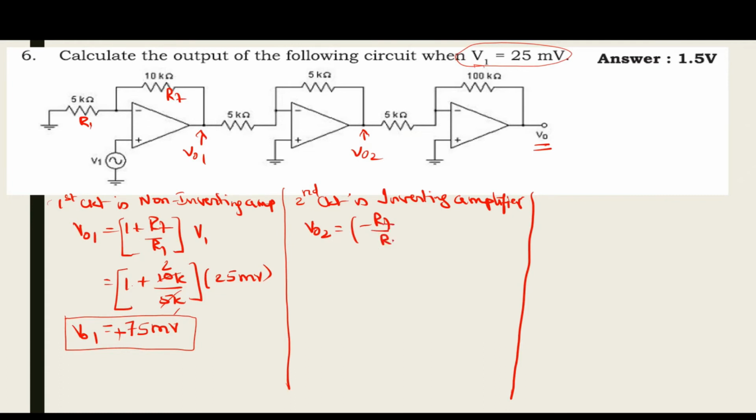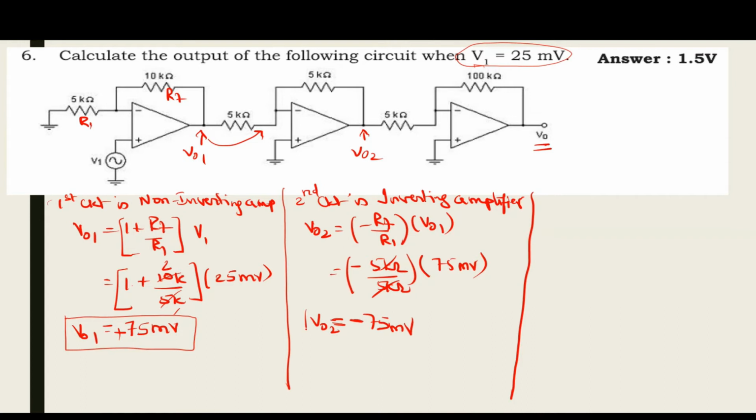So minus RF by R1 into VO1, because for this circuit this will be the input, is equal to minus 5 kilo ohm by 5 kilo ohm into VO1, which is 75 millivolt. This will just become 75 millivolt because this will give me minus 1. So minus sign I will put here. That is why we call this a scale changer also. The second circuit is also known as a scale changer.